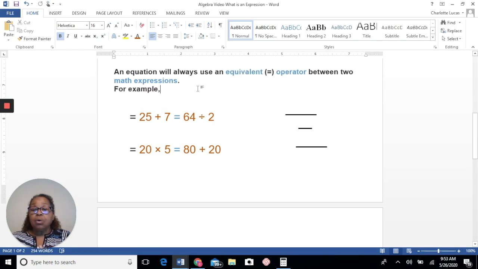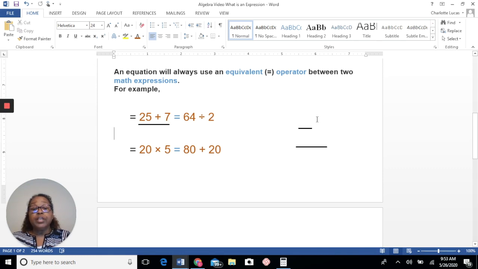All right, so let's find out what that is. Two math expressions. This is an expression. Right here we have the expression: a number, your mode of operation, and another number. That is an expression.